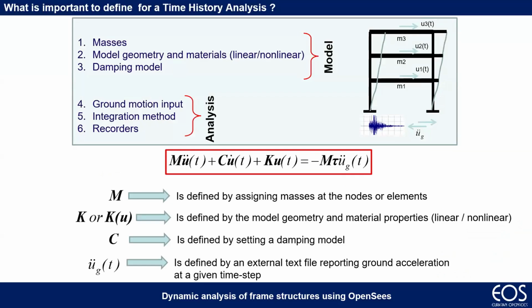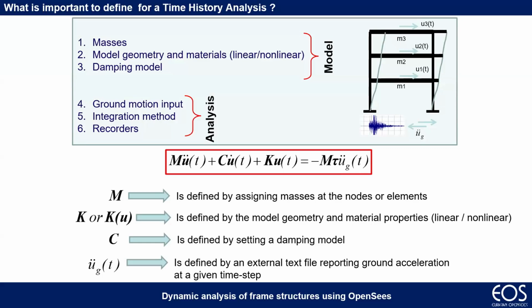So what do I have to declare inside the structure? From the model point of view, I need masses to compute the mass matrix, okay? I need geometrical properties and properties of the materials. I need the geometry of the structure. I need linear, nonlinear, of course.